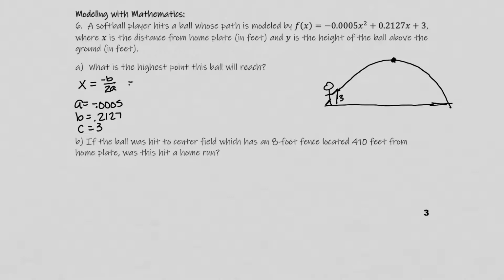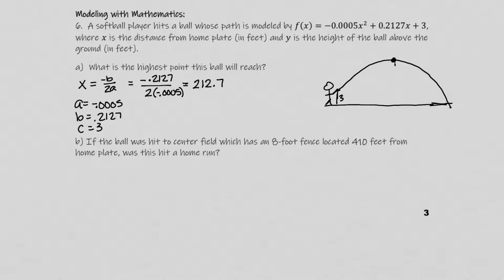If I plug this in, I have negative b, so negative 0.2127, over 2 times a. If I plug all that in my calculator, making sure I put that in parentheses on the bottom, I get 212.7.